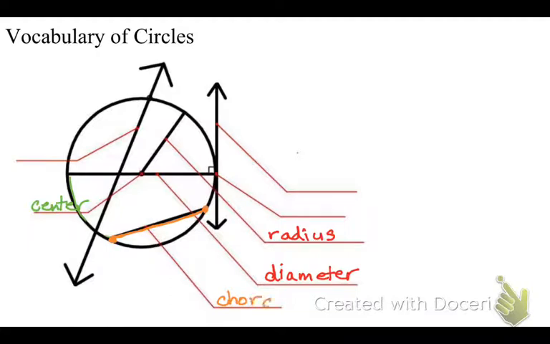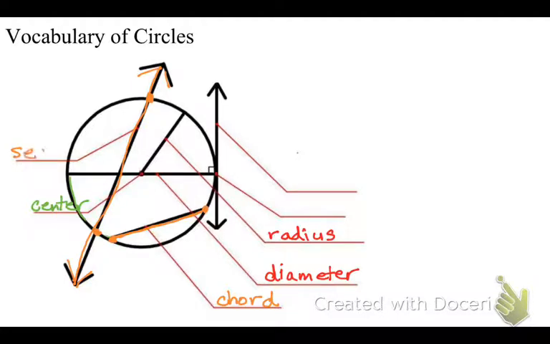C-H-O-R-D, chord. And this big long line here also touches the circle, but it keeps right on going. It's a ray that keeps right on going through the circle, unlike the chord, which stops at the circle.